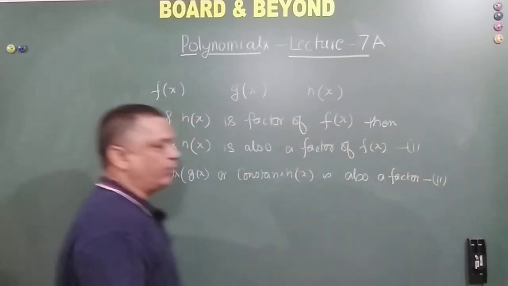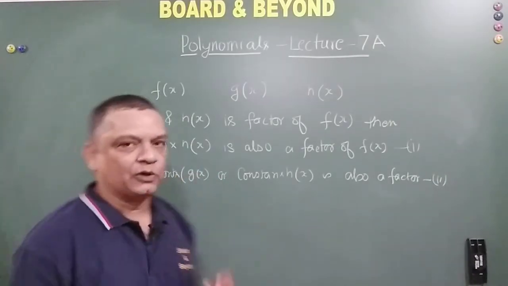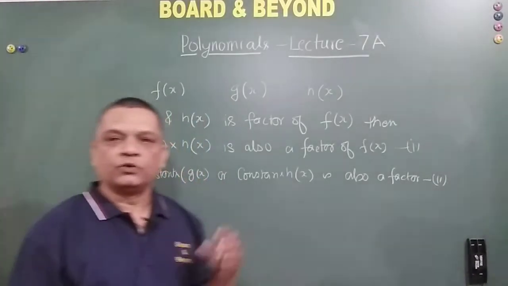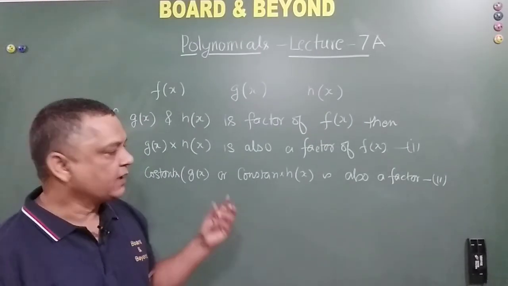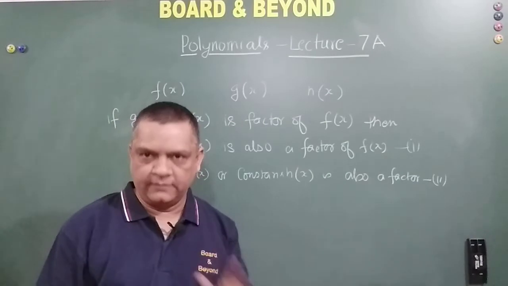This is point number 2. So it depends upon the constant you take. So if you take a bigger constant, then the value will be in fraction, but it will be divisible, right?